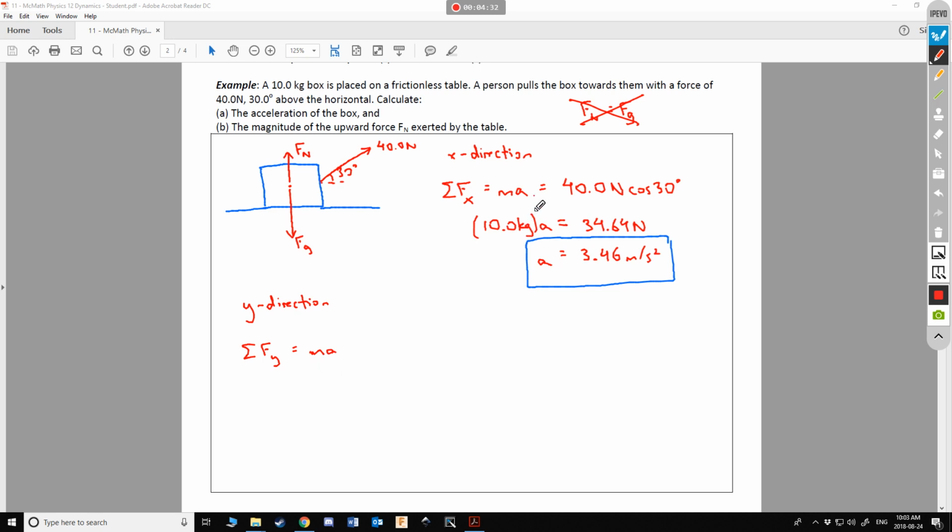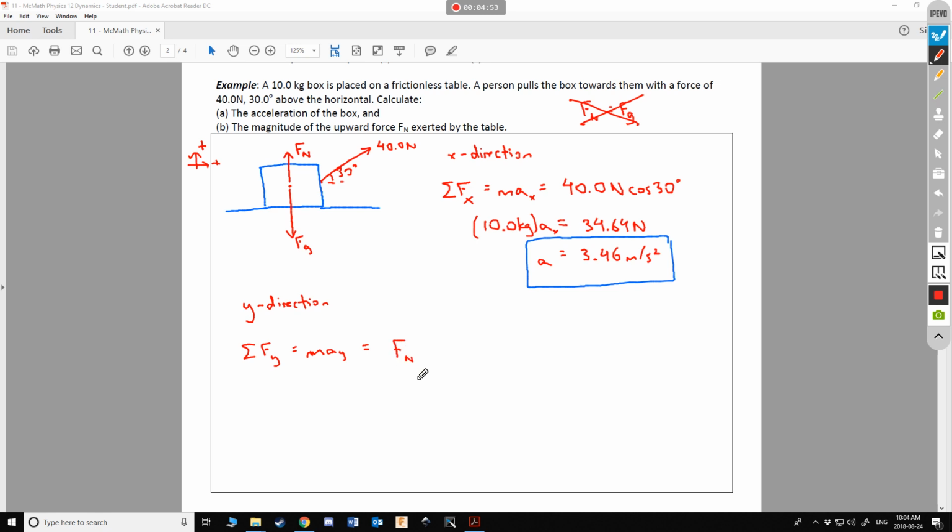In the x direction it was the x, and this is in the y direction. We're going to ask ourselves what forces are in the y direction. Looking at our picture, you can easily see that Fn is pointing up. So I'm going to write down Fn.